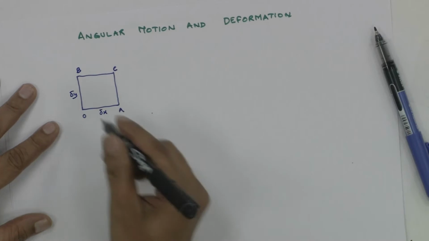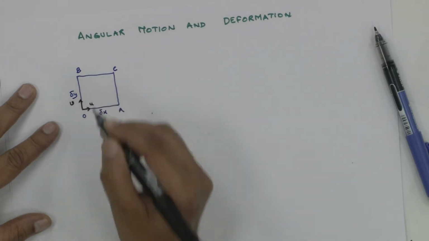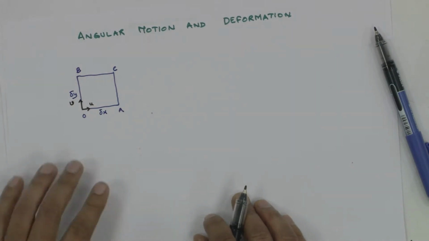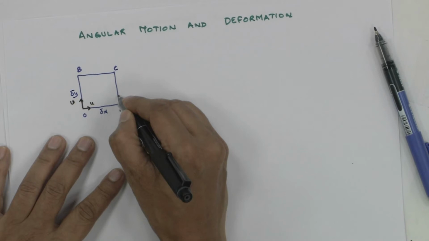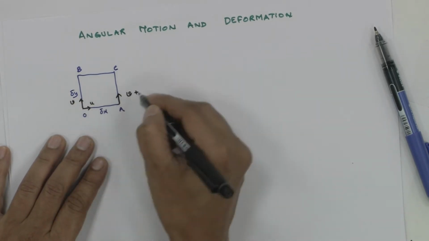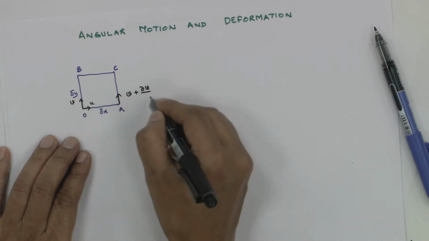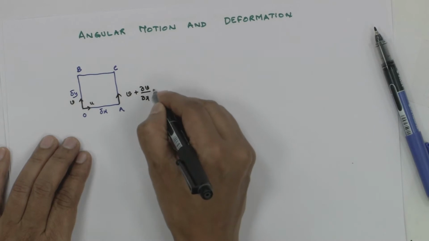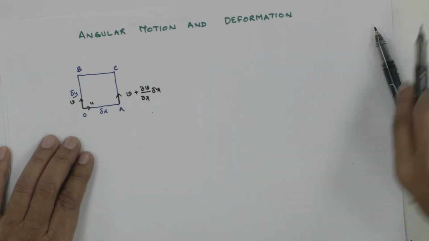What are the velocities? I have velocity u and this is velocity v. Okay. So what would be the velocity here for v? If I take here, that is v plus del v by del x into delta x, since v is varying with x.